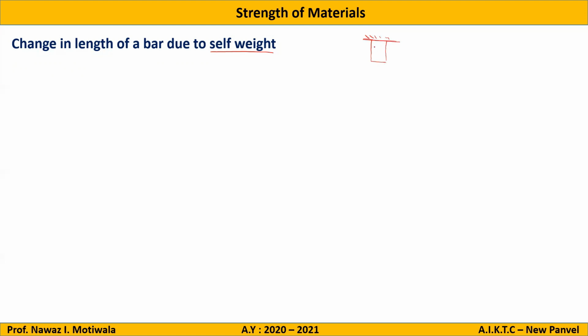Because of its self-weight, it will try to come down, and there will be some change in length. The change in length will be WL squared divided by 2AE, where W is the specific weight of the bar.